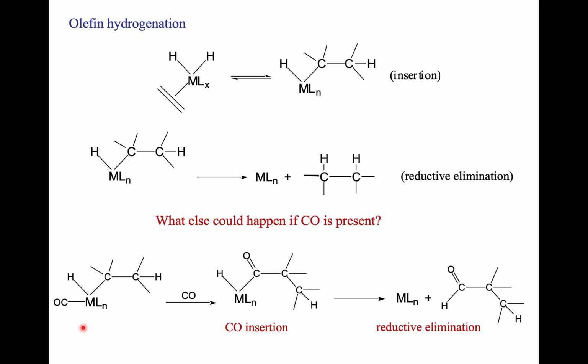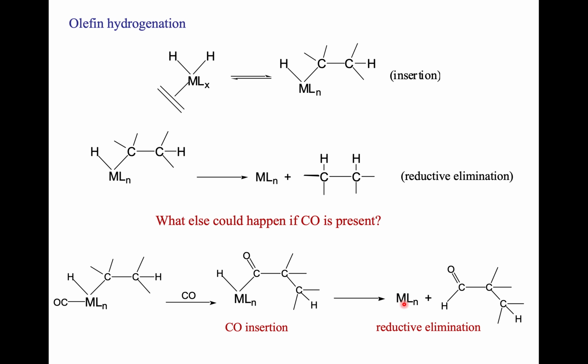But what could happen if we had a CO that's in there? Back in the last lecture, we talked about those CO insertion reactions. And if we take this guy right here, which is a hydride and an alkyl, if I can get CO to bind to that complex and do an insertion, I now have a hydride acyl. This hydride acyl can do a reductive elimination and give my metal back and give me an aldehyde product out.